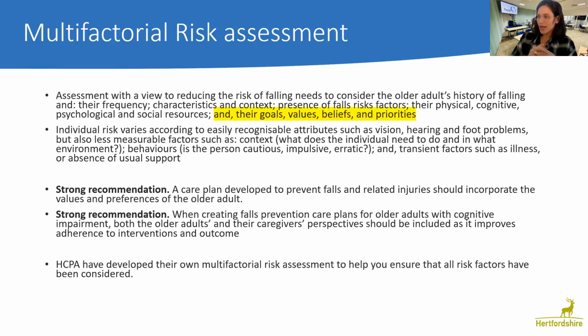When creating the care plans, especially for those with cognitive impairment, we should try and get both older adult and caregivers' perspectives on what should be included, as it improves adherence to interventions and outcomes. So I won't go into any more detail from a risk assessment point of view. I will send it to you again if you don't have one. But again, you don't have to fill it in specifically for individuals, but use it with the tools that you have, to ensure you've considered all risk factors.